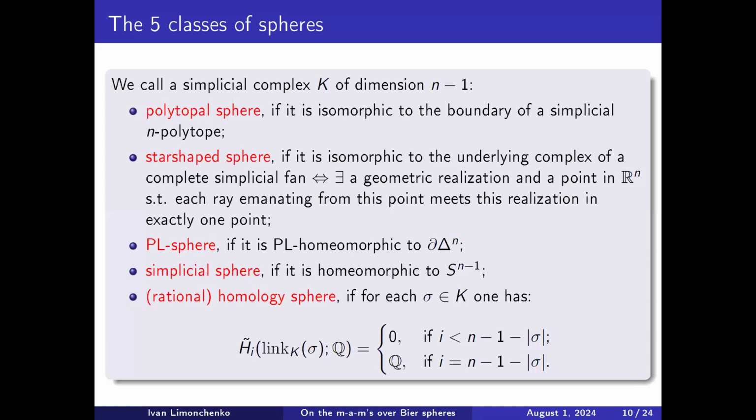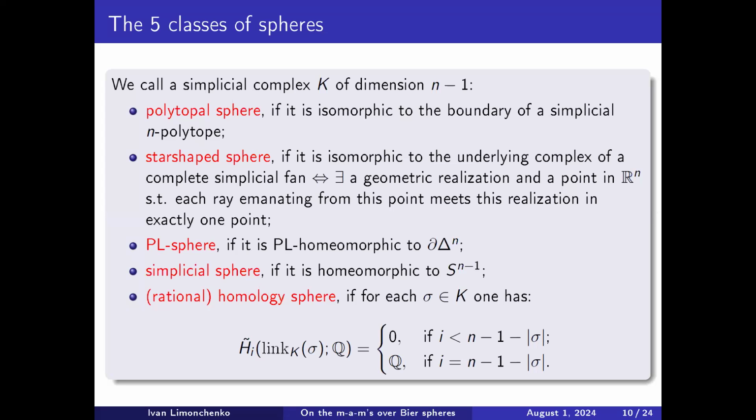This is classical from convex geometry, convex analysis. You know what a star-shaped region is from geometry, and this convex geometry is applied here. So a convex region is just bounded by this star-shaped sphere.